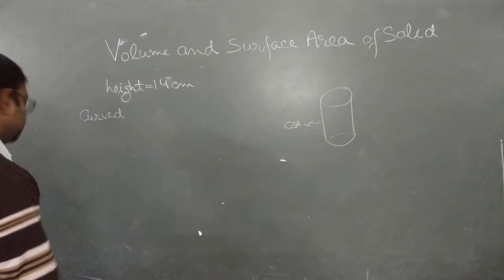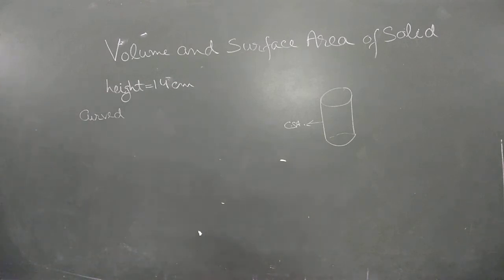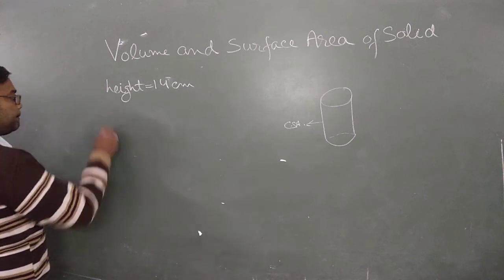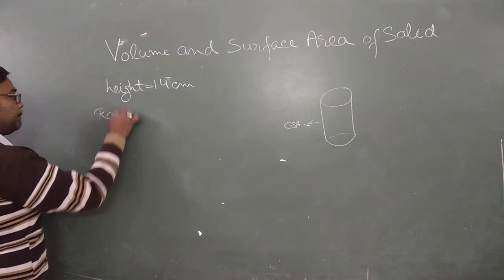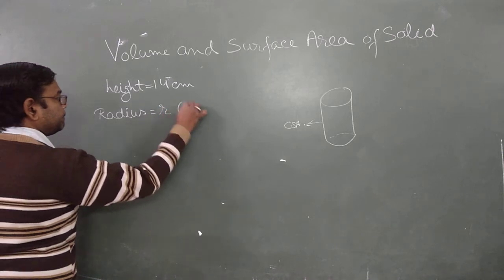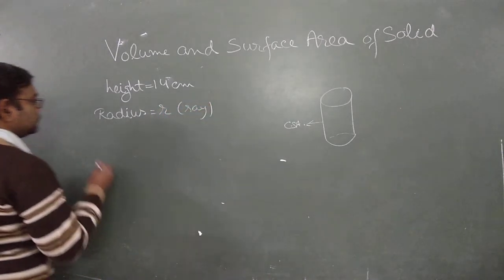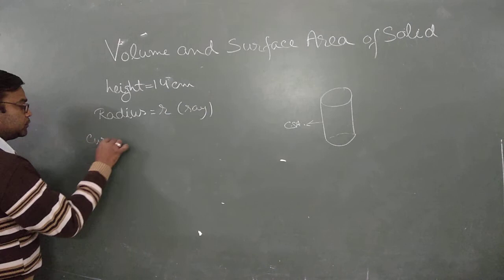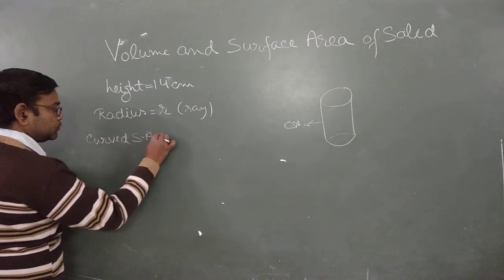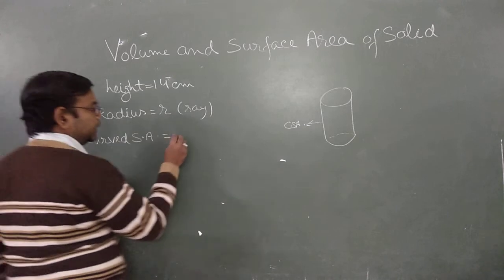So here radius is not given to us, so we have to suppose the radius r. Now curved surface area, it's 2 pi r h.